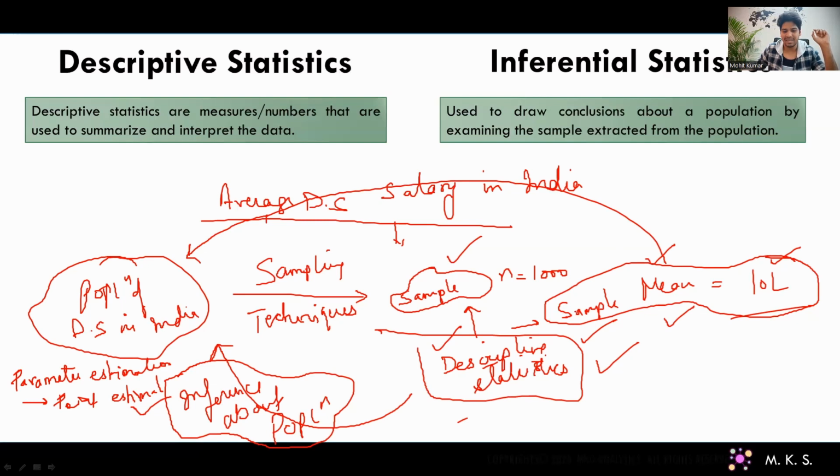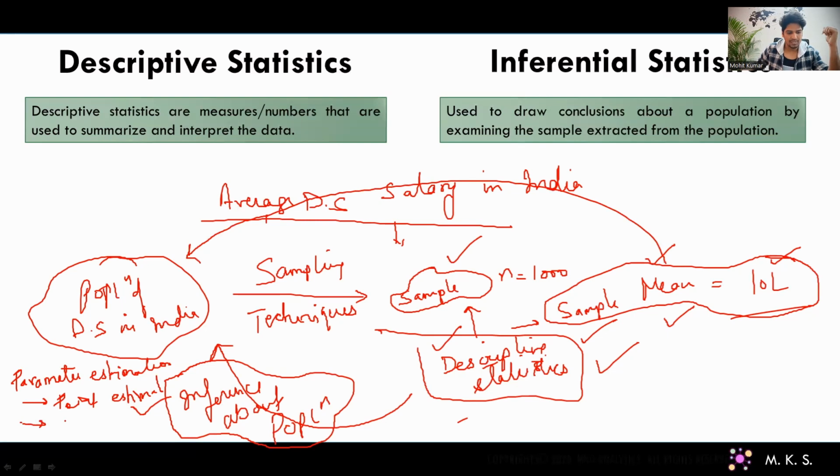But this is very generic, guys. As a statistician, I never recommend this because we never get to know how close our sample mean is to the population mean. That is why point estimation is not very popular.